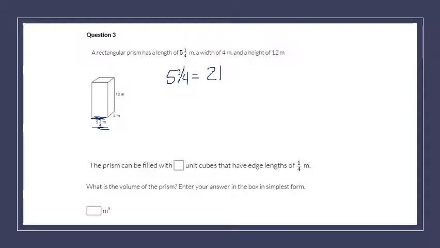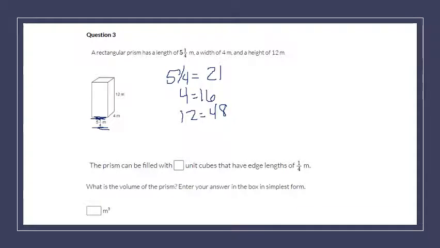Then I say, how many can I get on the 4-meter side? So I divide that by 1/4. On the 4-meter side, that's going to be 16 blocks. And on the 12-meter side, that's going to be 48 blocks. So now all I have to do is multiply the length, width, and height using those unit blocks.